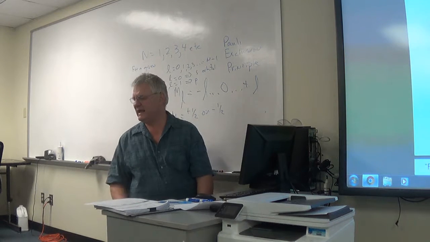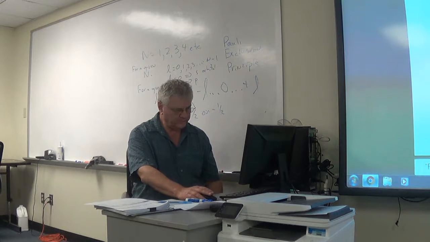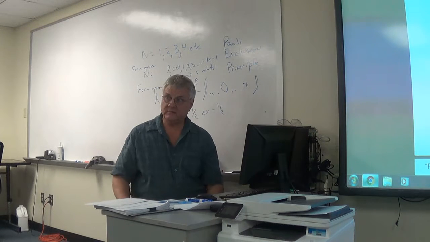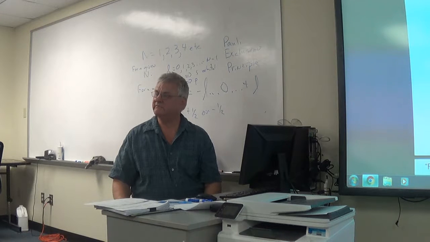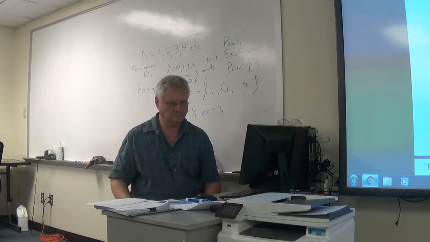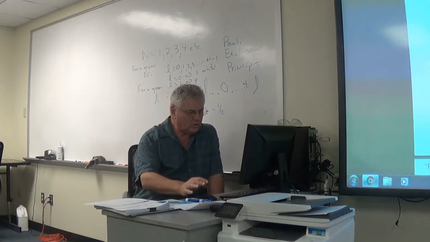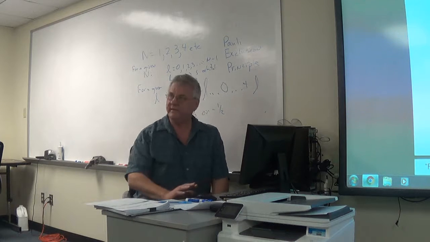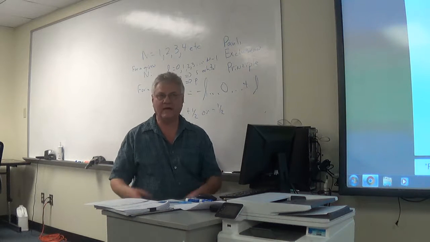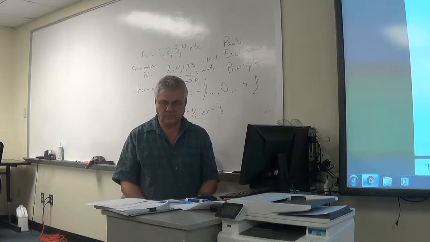So if an atom like lithium has 3 electrons, well, 2 of them are going to be in the 1s orbital. And what can you say about those 2 electrons in the 1s orbital? They have opposite spin. And that orbital's full. And then lithium has 1 more electron, so you go to the 2s orbital, and there's an electron there. And that is a rather simple example of electron configuration.